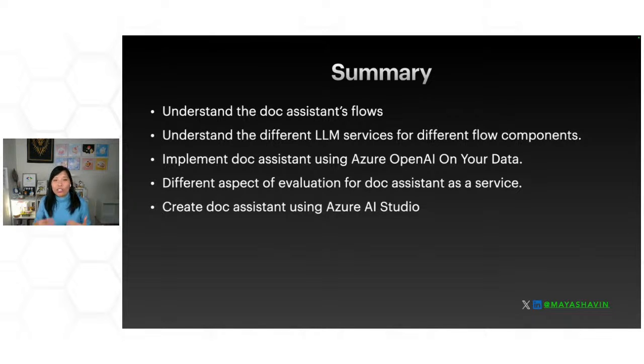And lastly, we discussed different aspects of evaluating the document assistant as a service before we roll out to production. And we also took a little overview of how we create a document assistant using Azure AI Studio in a more low-code approach.